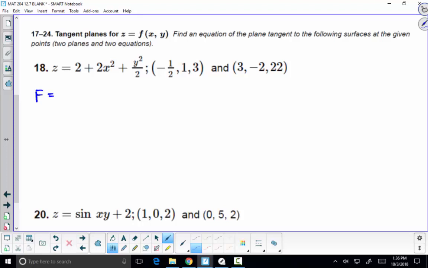So if we want to write capital F, the parent function, we can forget about that constant and just subtract the z to the right-hand side. That's a hypersurface. The gradient of that hypersurface will be normal to the original surface. So del F is 4x, y, -1.